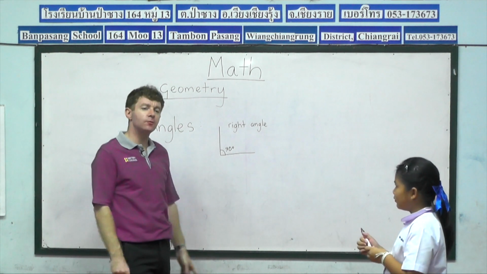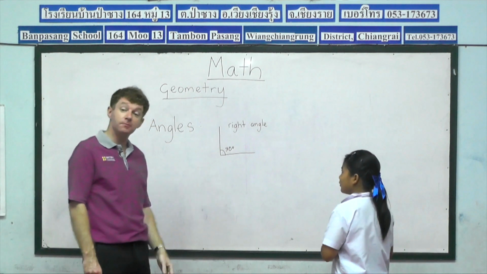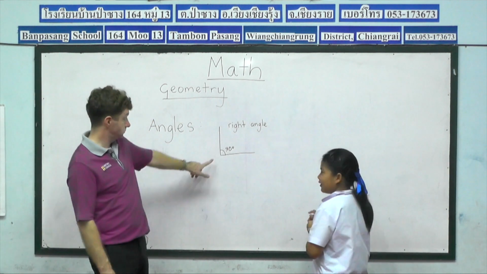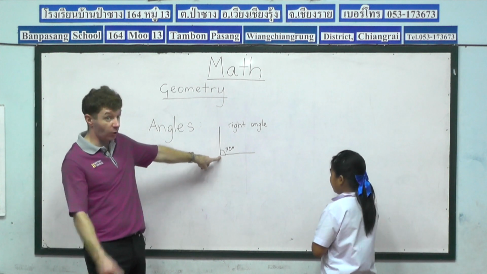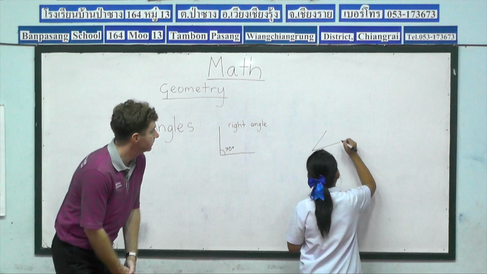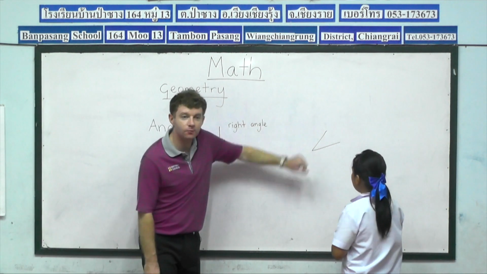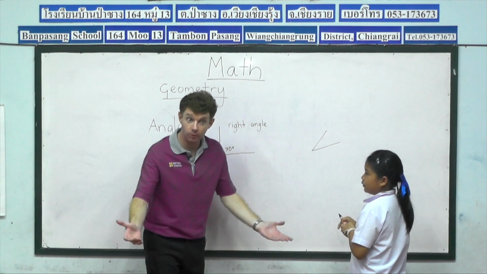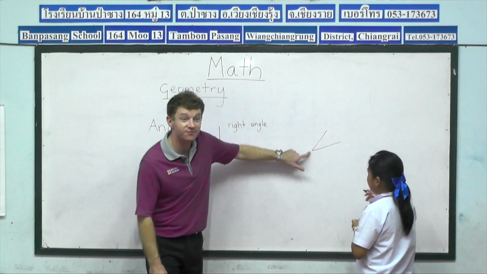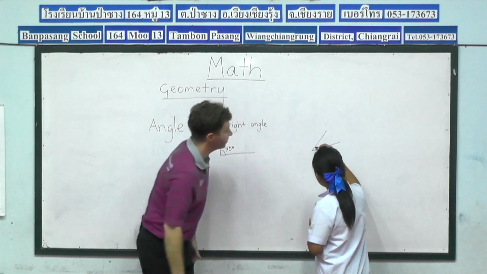How many lines do we need, guys? One or two? Two. Do they have to meet? They have to meet at one point. That's how we get an angle. Okay. Lakgao, that's brilliant. How many lines do we have? Two. How many points do we have? One. So can you draw a little line there?